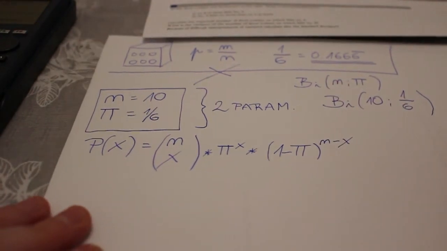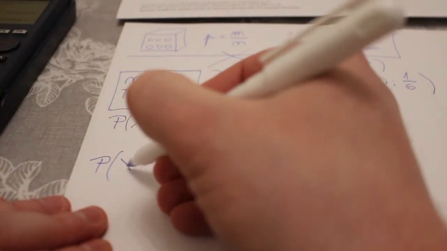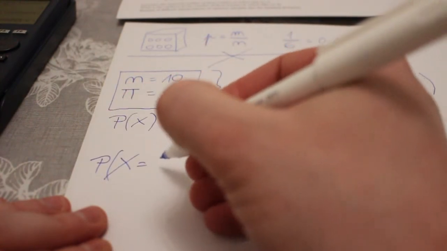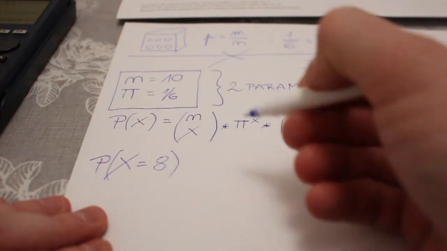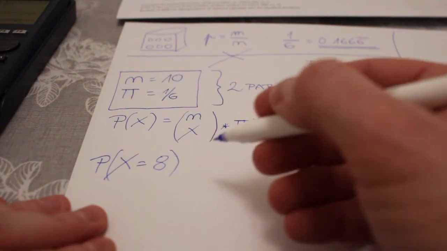So this is the probability function of the binomial distribution, and we would like to calculate the probability that the random variable x will be equal to 8. On 8 of them, on 8 dice, I will see the value 6.